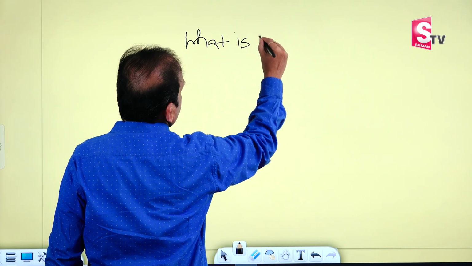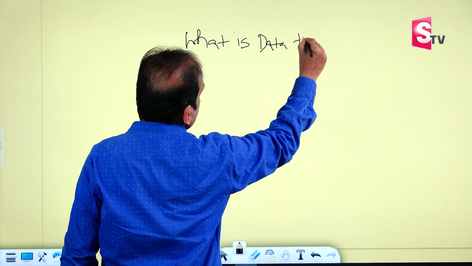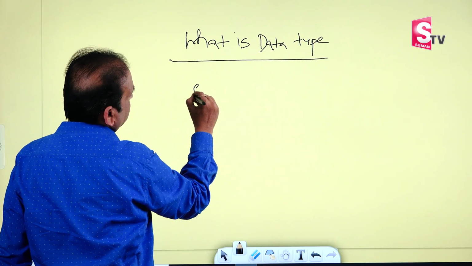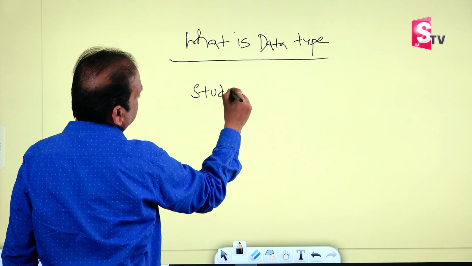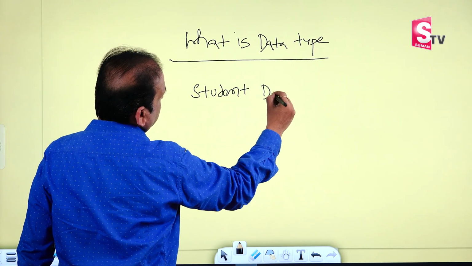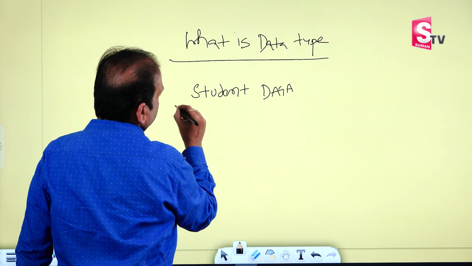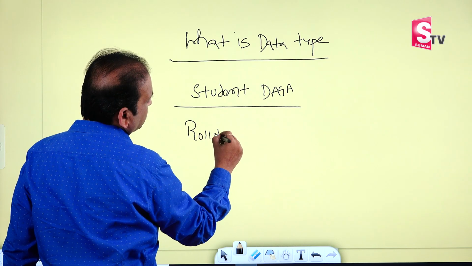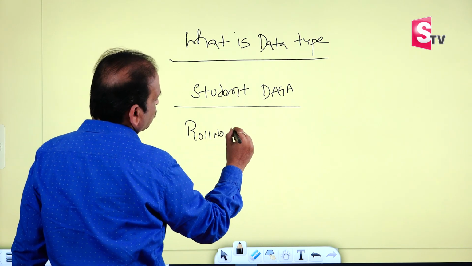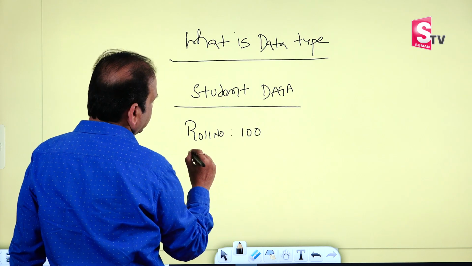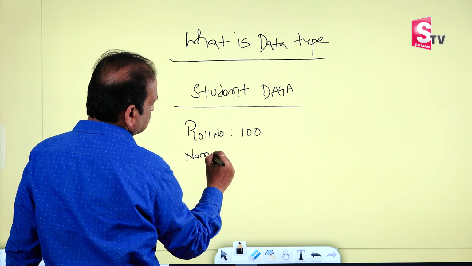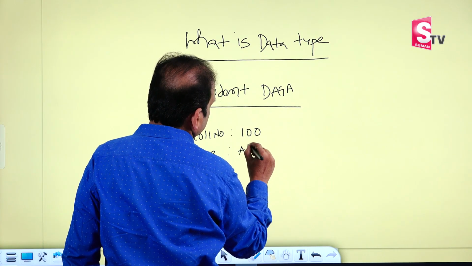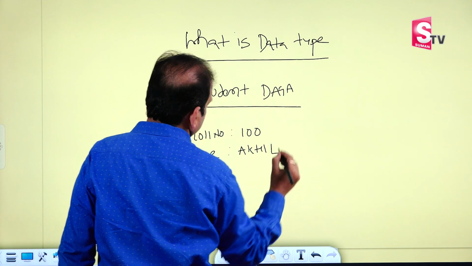Data is any information. For example, we'll take one student's data. For example, roll number. Roll number is information about the student. For example, roll number is 100. Name of the student. For example, we'll take Akhil.